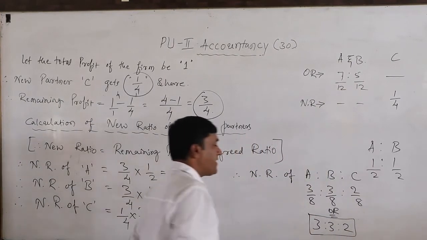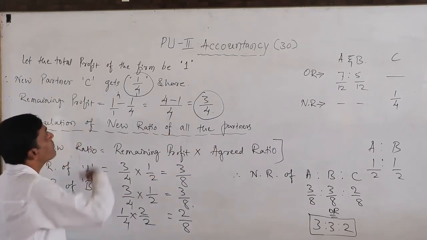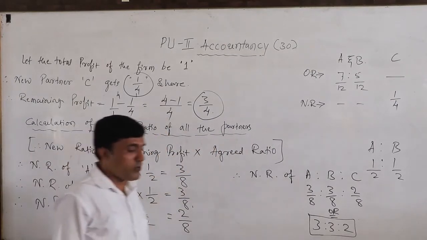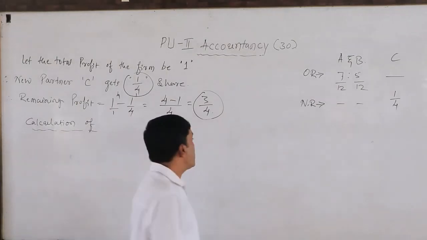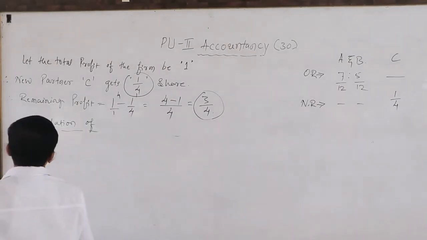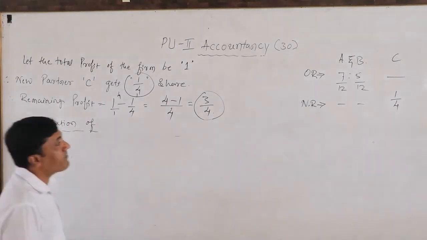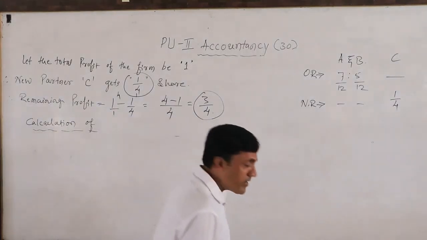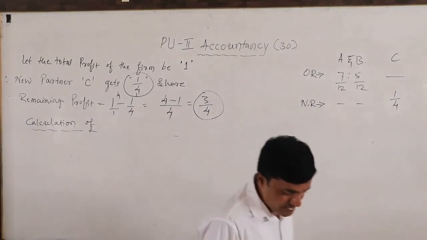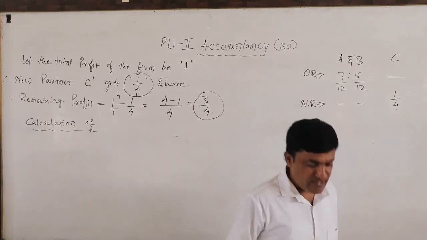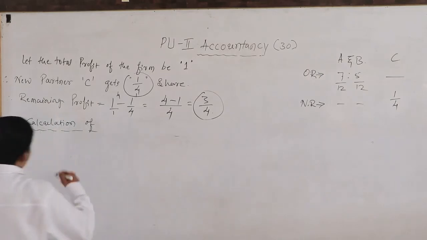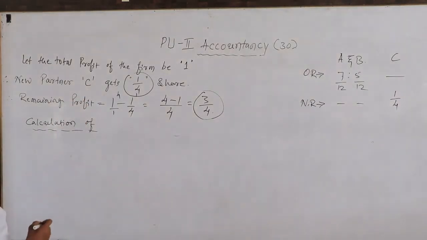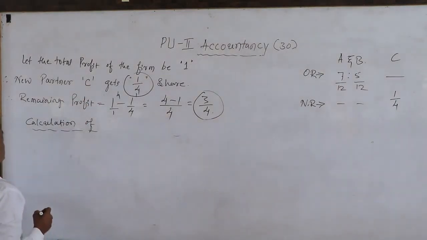How to ascertain sacrifice ratio with this? So I'll show you in detail. Look, they are asking to ascertain sacrifice ratio of old partners. In the last line you can see, calculate the sacrifice ratio. As you all know how to calculate the sacrifice ratio from the previous videos, let me show once again.